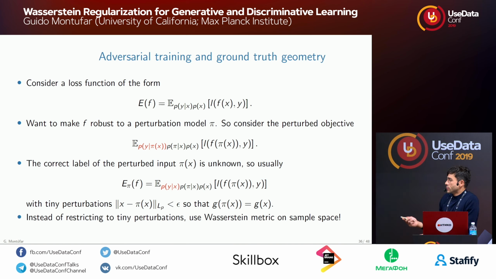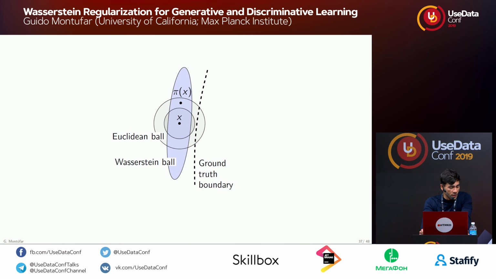And this requires us to restrict the perturbations to be very small. Now, what we want to do is, instead of restricting attention to tiny perturbations in some norm, we want to use the Wasserstein metric on sample space to allow ourselves to construct bigger perturbations and thereby to apply higher levels of regularization. So this is the schematics.